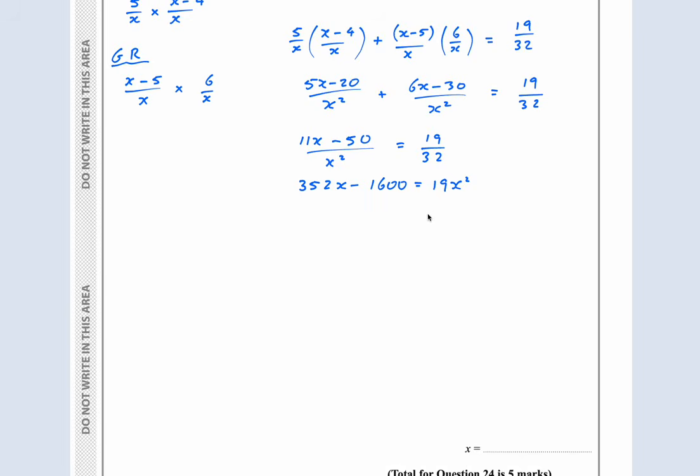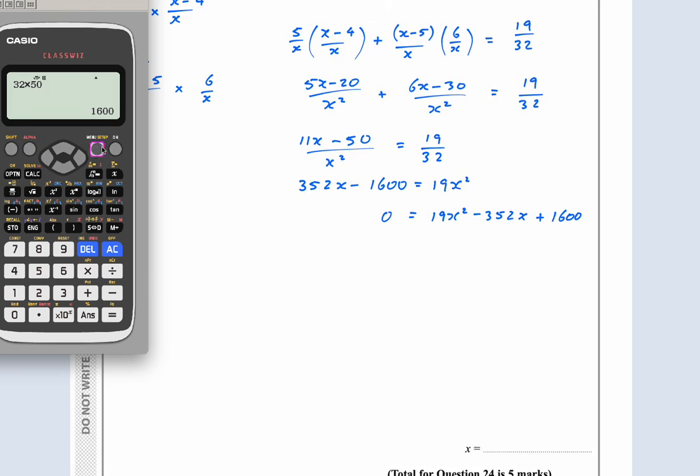Let's just rearrange it, guys, to 19x squared minus 352x plus 1600 equals 0. That's like subtracting this and adding this to this side. And now I have to factorize this. That's obviously super hard to factorize.